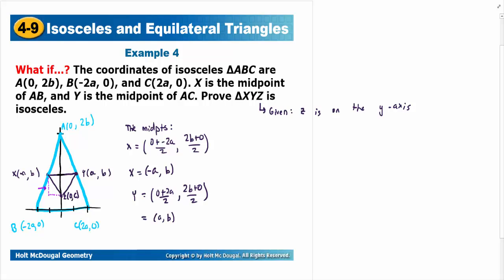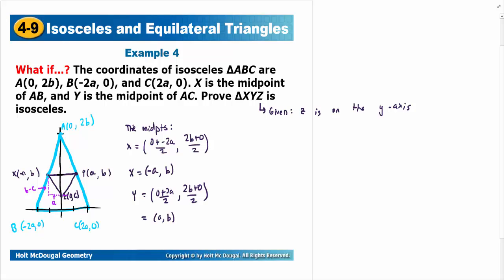I can use this either way. I'll go from C to B, or from B down to C. So this distance is B minus C. This distance here, I'm going from negative A to 0, so the distance itself is A.